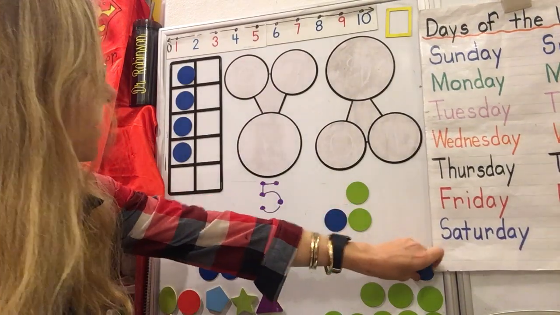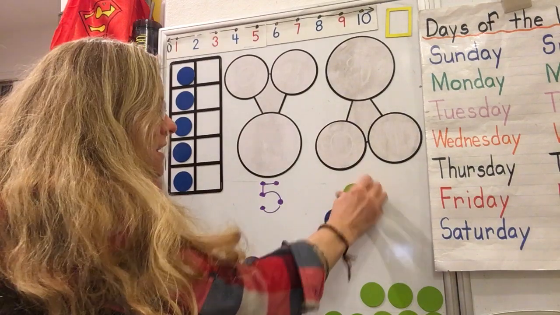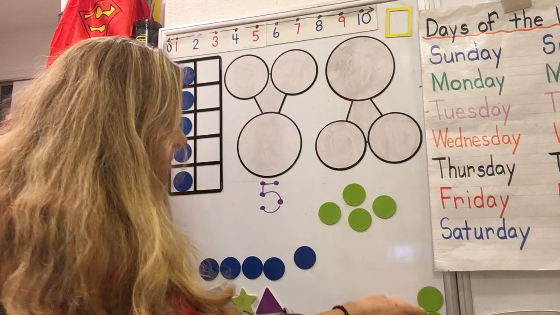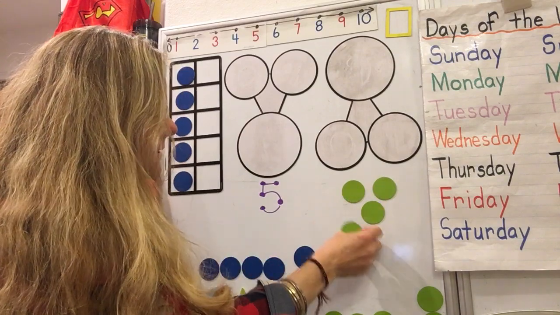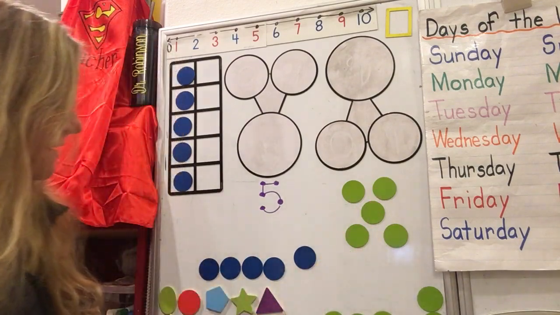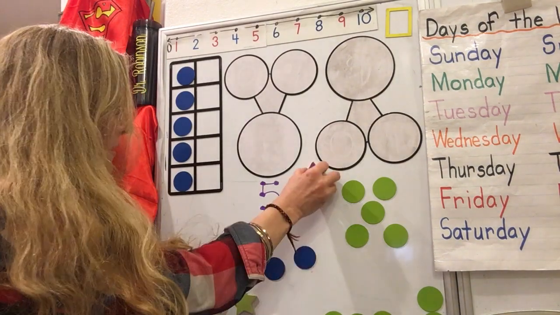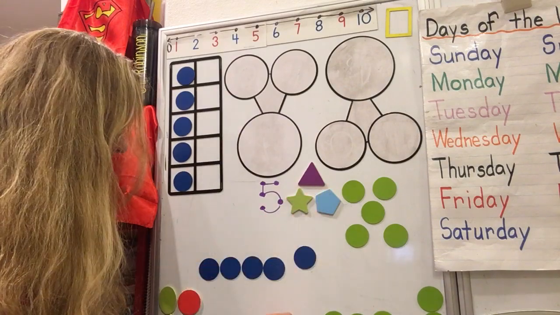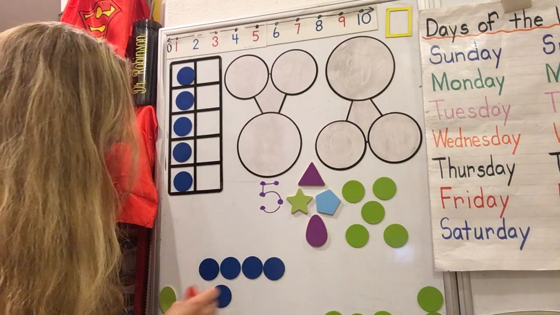So I can put 1, 2, 3, 4, 5. Then I could leave these over here, and I could put them like this. Like we would find them on a dice. Kind of looks almost like a mouth. 1, 2, 3, 4, 5. I could also just use objects. 1, 2, 3, 4, 5.